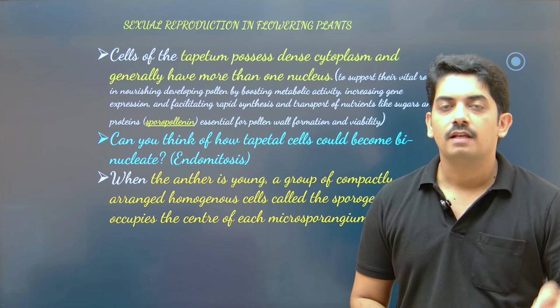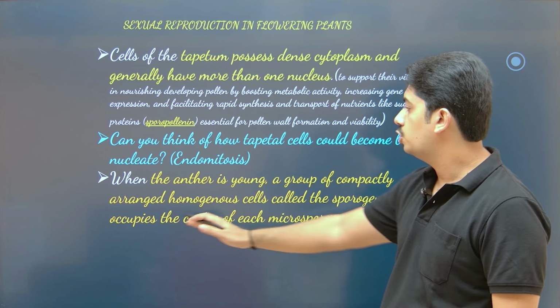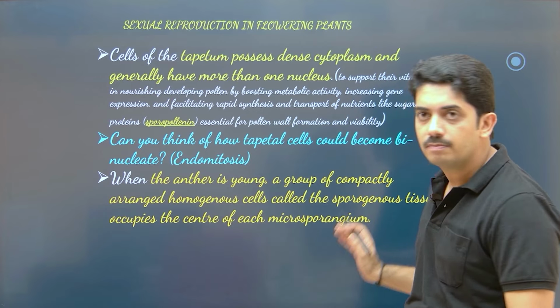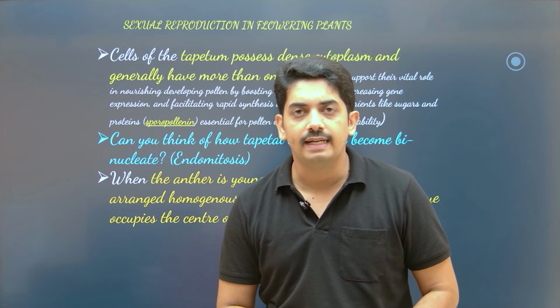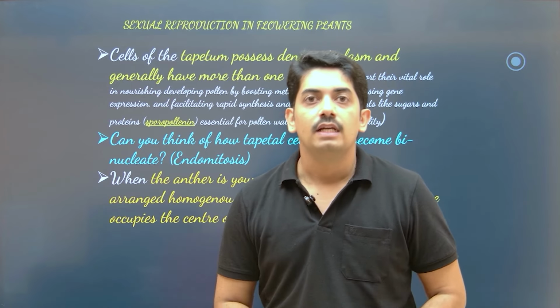Okay, when the anther is young, the group of compactly arranged homogeneous cells called sporogenous tissue occupies the center of each microsporangium. As we studied, in an anther two lobes are present, and the corners of the lobes inside consist of 4 chambers, and that is called microsporangium, and in the core of the microsporangium we observe a special type of cells and they are called sporogenous tissue.